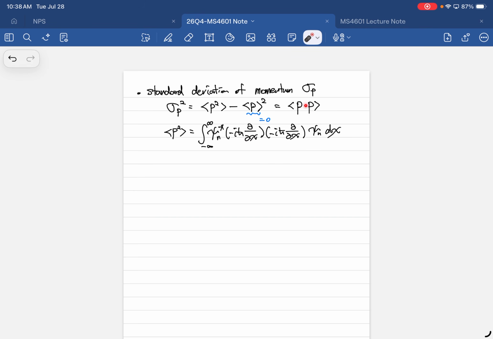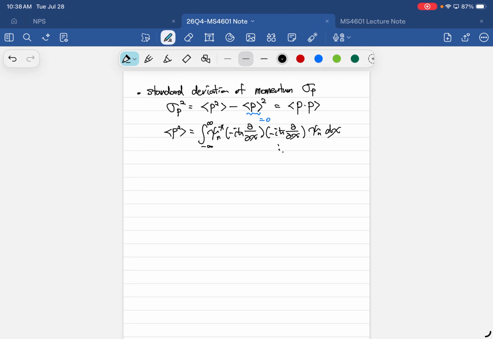There are two p's, so you write the operator twice. Since there is a bracket, you sandwich it between psi n star and psi, and integrate over the entire domain in x. If you do it, you will obtain the result.